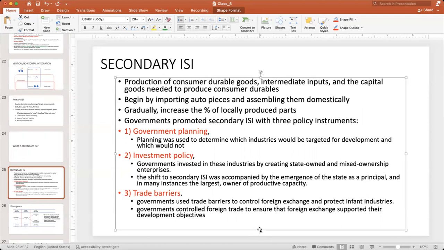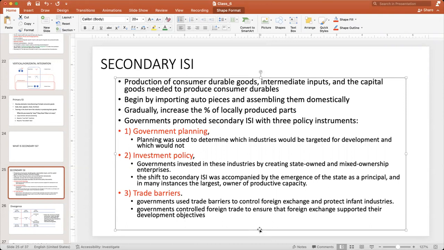You started by importing, for instance, car pieces and assembling them domestically, and gradually increasing the percentage of locally produced parts. So, as in our bicycle example, you are importing the frame, importing the speed gear, and you produce the bottom.